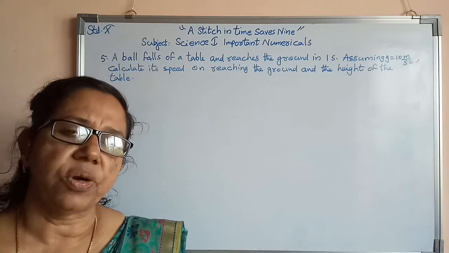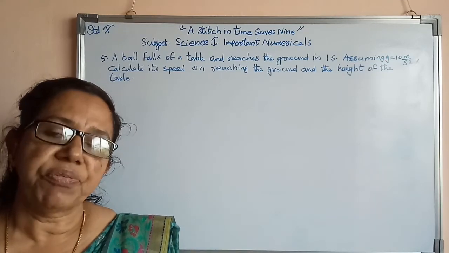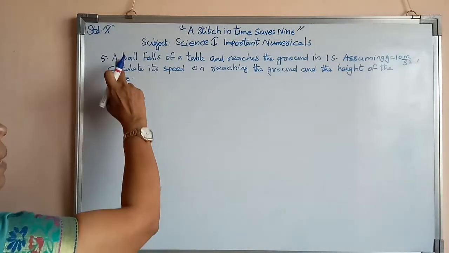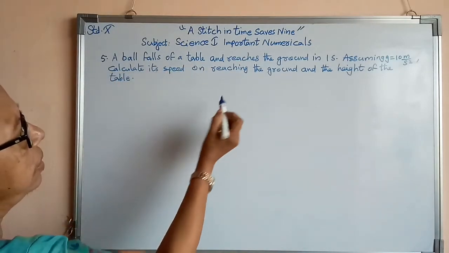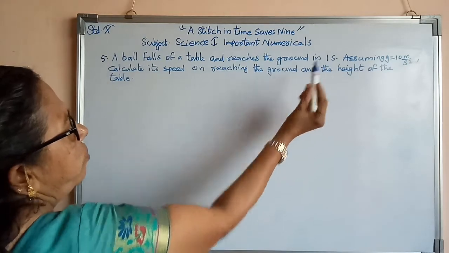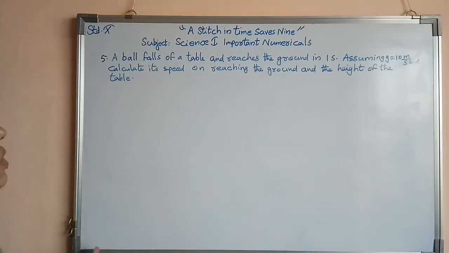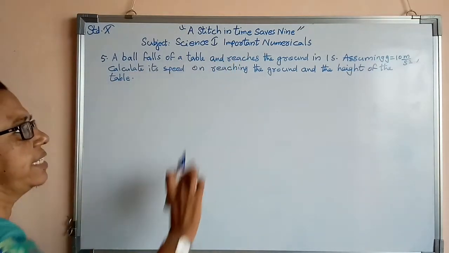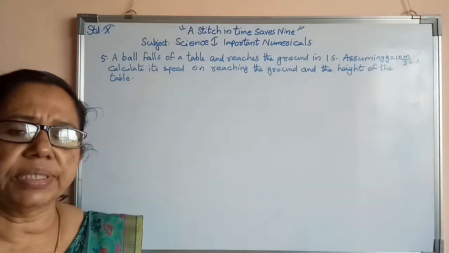Now we will solve the next sum. Before solving that, we will read the question well. A ball falls off a table and reaches the ground in 1 second. From this sentence itself, we will get 2 values.